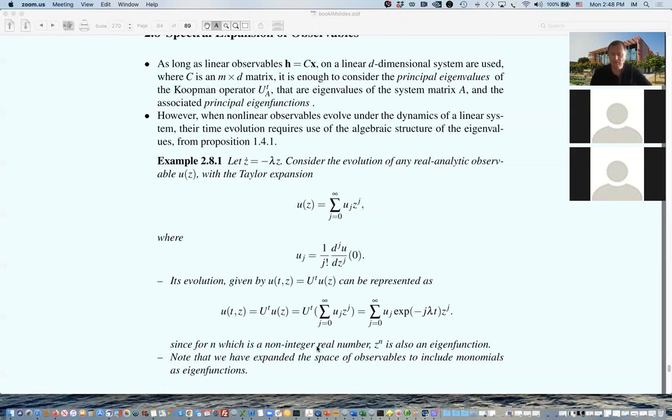Yeah. So in order to achieve this description, we had to use eigenfunctions that are monomials. And so we have expanded the space of observables. So this whole space of observables or measurements that are not just linear, but also could be finite or, quote unquote, infinite polynomials in the powers of z.